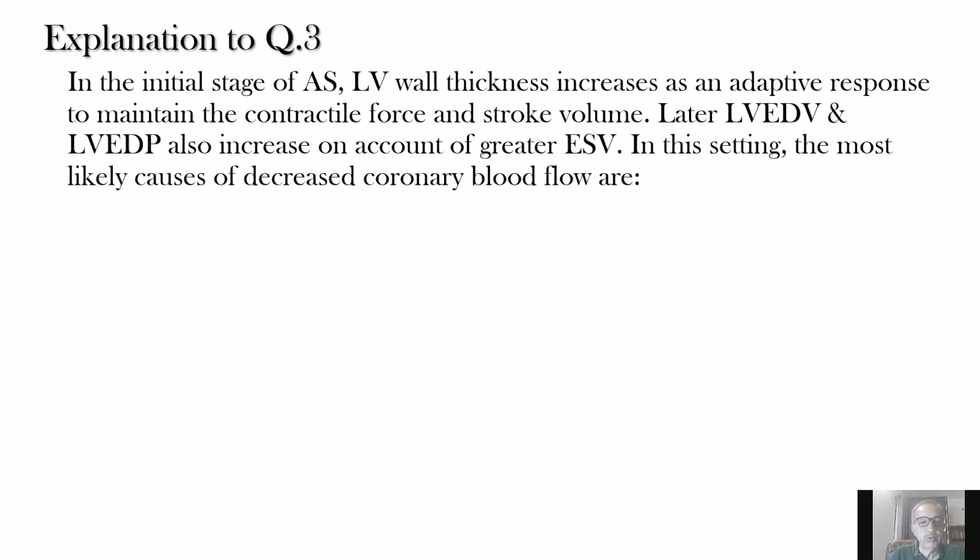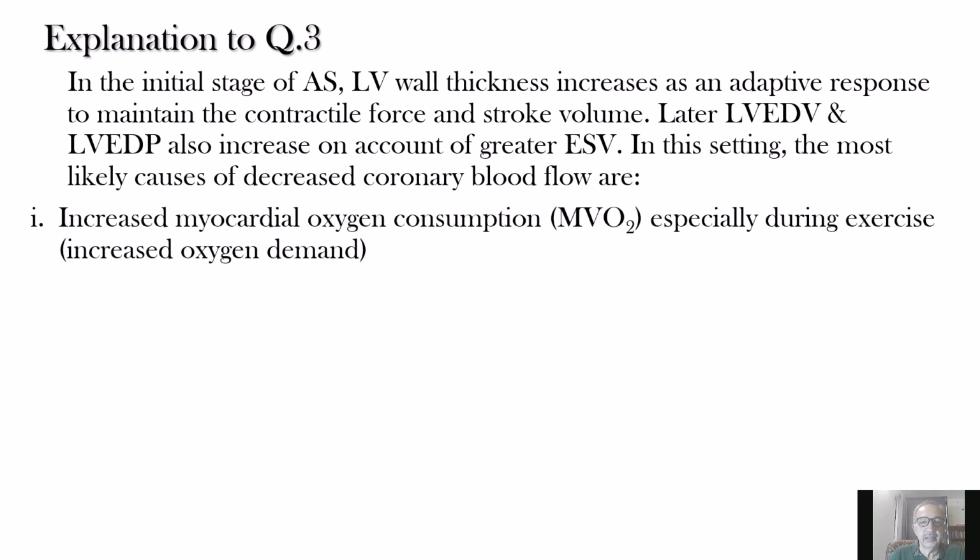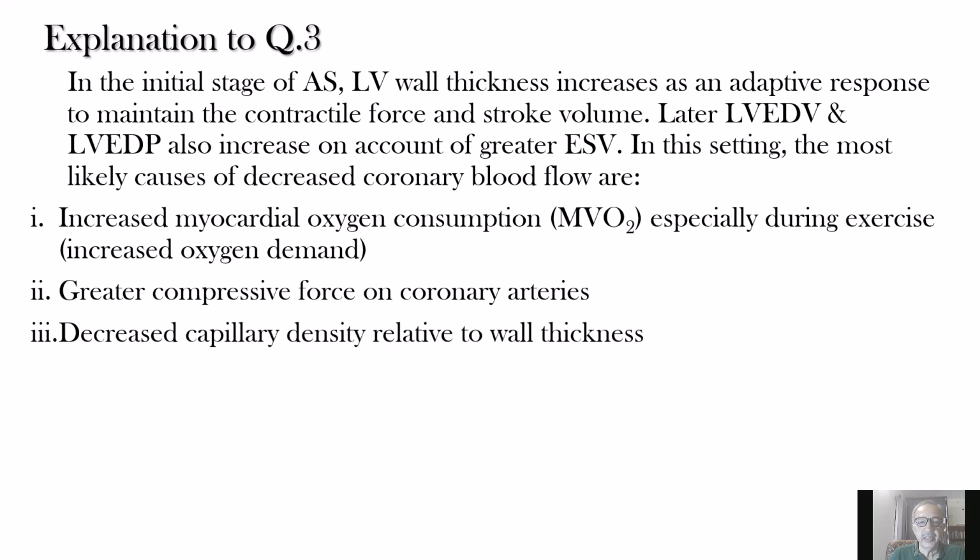In this setting, the most likely causes of decreased coronary blood flow are, as I said, MVO2, increased oxygen consumption, especially when there is an increased demand such as exercise; greater compressive force on coronary arteries; and decreased capillary density relative to the wall thickness. Normally there is a large capillary density, but when the thickness increases, this density will not compensate for the thickness.